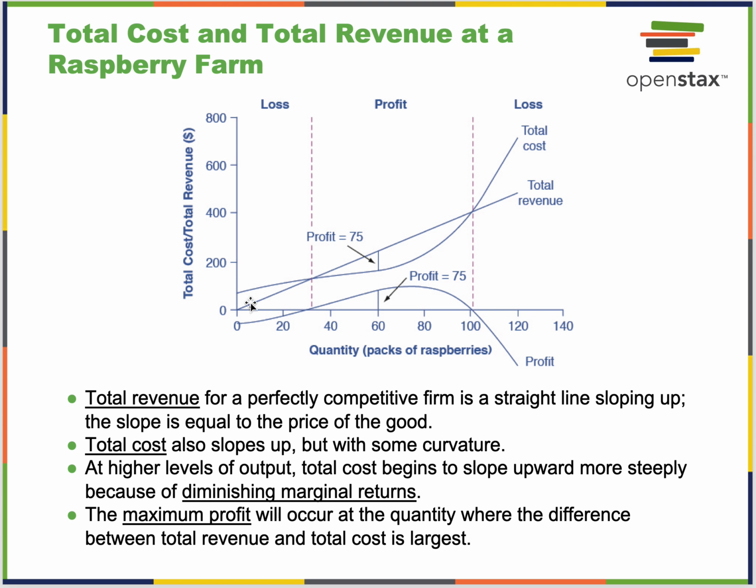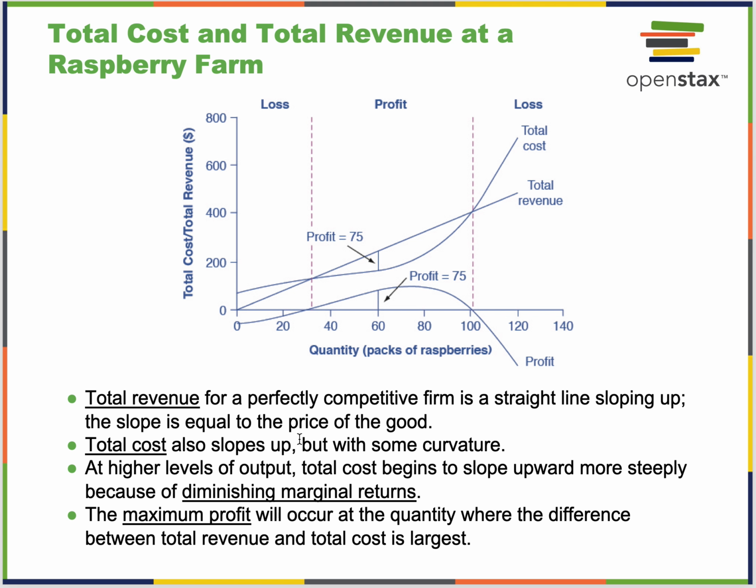Obviously, you don't want to produce this low volume because cost is higher than revenue. You want to be in this region where revenue is higher than cost, and you don't want to be here where, again, cost is higher than revenue. At higher levels, and we're going to talk about this, marginal returns and marginal profit and marginal costs.